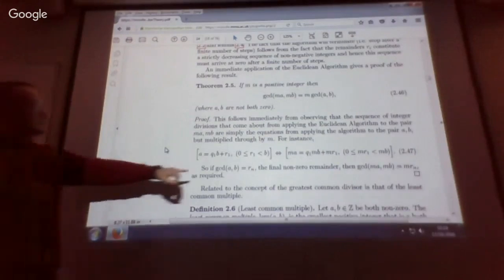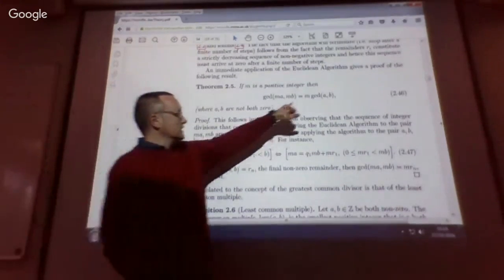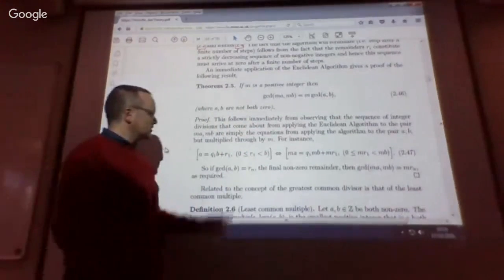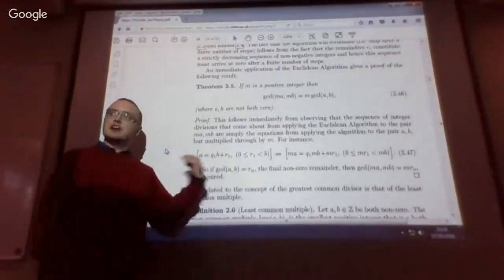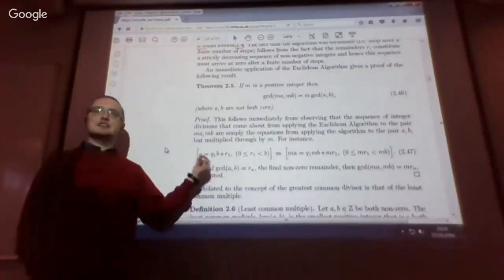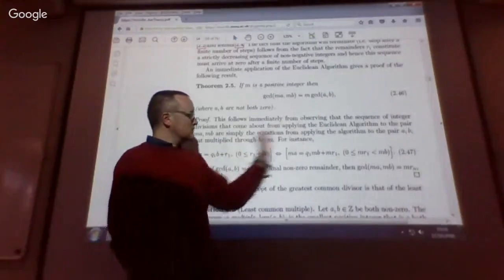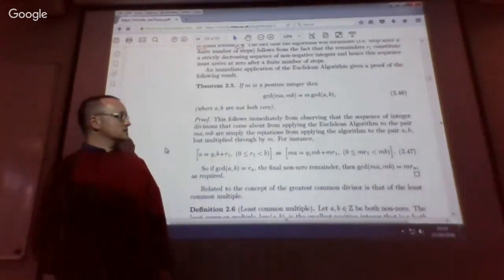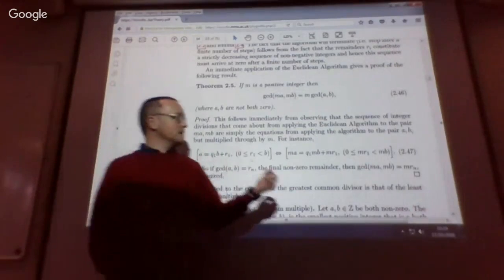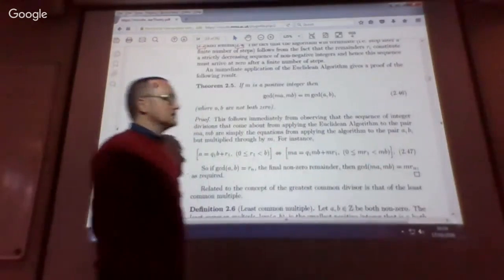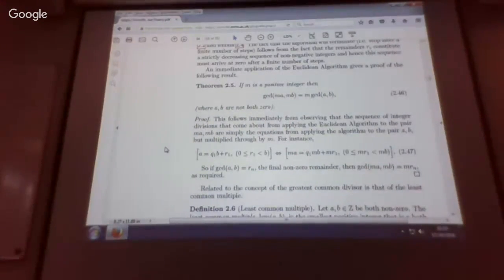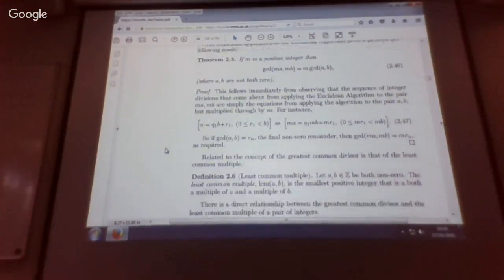So the final remainder that comes out for the calculation of the GCD of A and B, that will be some number Rn, the final non-zero remainder that you hit in the Euclidean algorithm. And the GCD here, well, because we have this mirroring of the two sets of equations, the final non-zero remainder will be M times Rn. Okay, which is the required result.